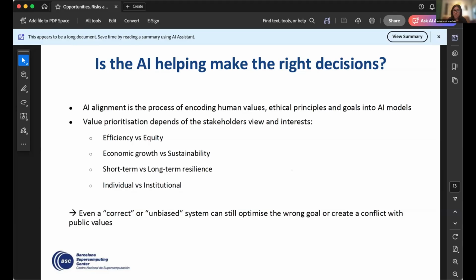So we have a big challenge here because even if we can ensure through this pipeline that we are collecting the right data, that we are building the right model, that we are using the right data again to test and benchmark our model, even if everything has been checked and we can ensure, even if it's really complicated, a correct and bias-free system, this is not ensuring that we are creating a model that has the right goal, the right decision for the targeted audience, the targeted people that are going to use these systems.